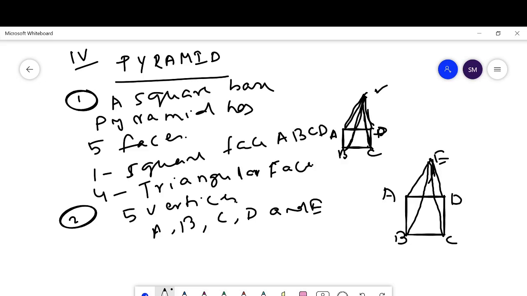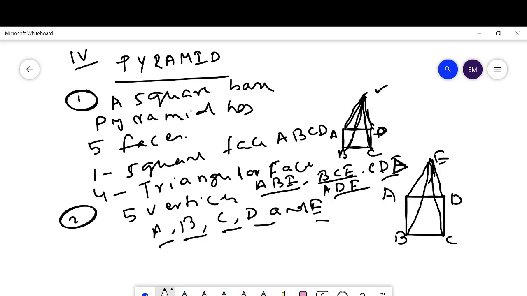Then the four triangular faces are ABE, BCE, CDE, and ADE. All these are triangular faces. Then the five vertices are A, B, C, D, E.